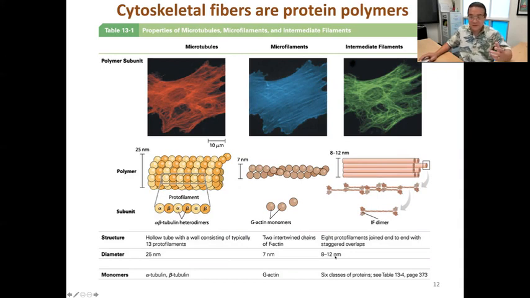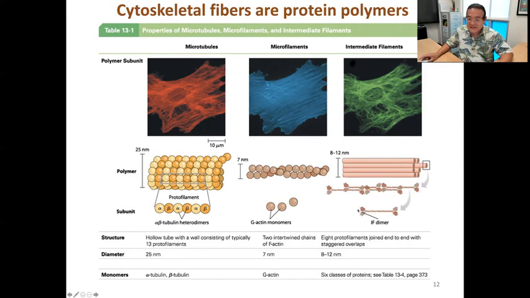They're also made of proteins, because all three of these are made up of proteins, but these are a little bit more variable. You can see here, these are made of two different individual lengths of protein that are twisted together already, to form an individual dimer or an intermediate filament dimer.